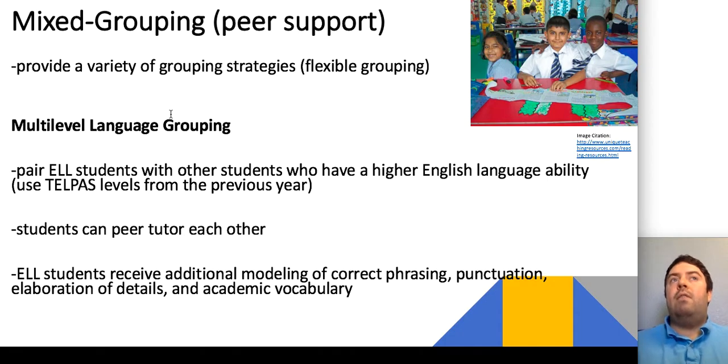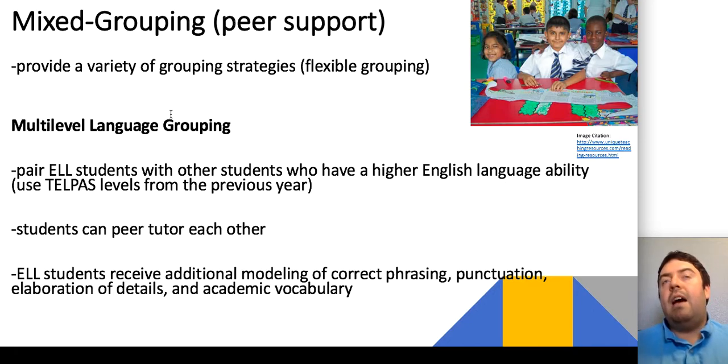The problem with having students of the same group, the same level, let's say you grouped all of your beginner ELL students all together, is they will not really have that much help from their peers. All of their peers will be at the same spot. They'll all be kind of struggling and still trying to develop the foundations of English language.